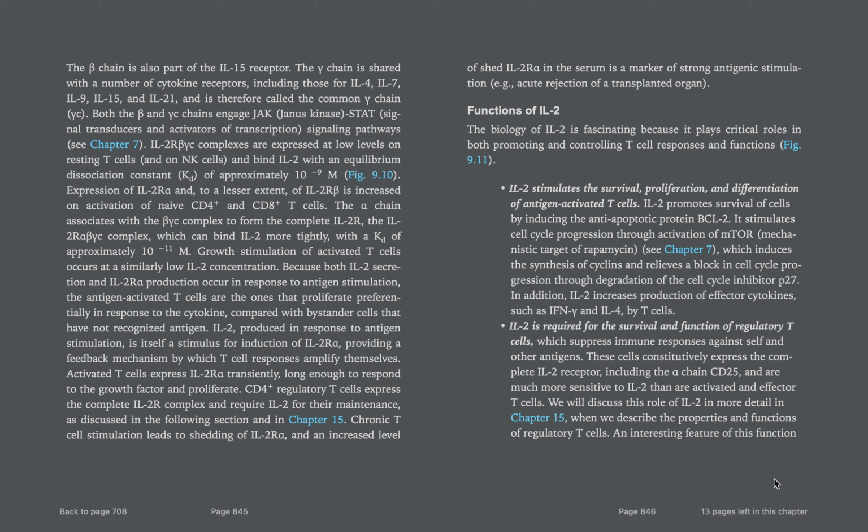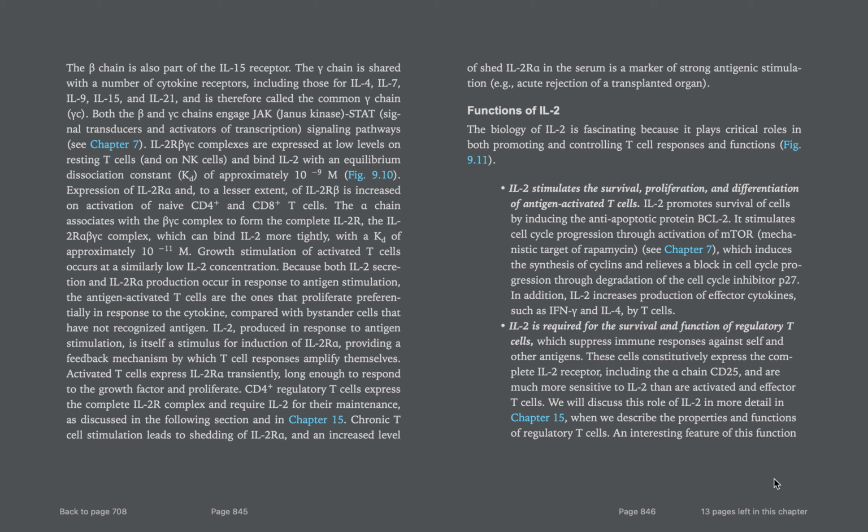The biology of interleukin-2 is fascinating because it plays a critical role in both promoting and controlling T cell responses and function. Interleukin-2 stimulates the survival, proliferation, and differentiation of antigen-activated T cells. Interleukin-2 promotes survival of the cell by inducing the anti-apoptotic protein BCL2.